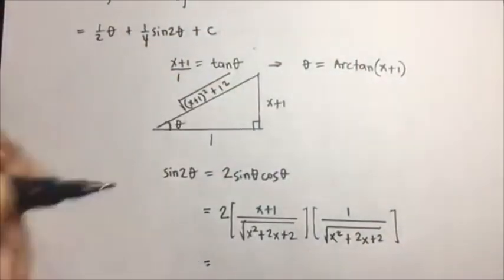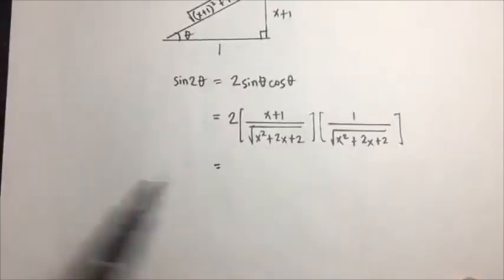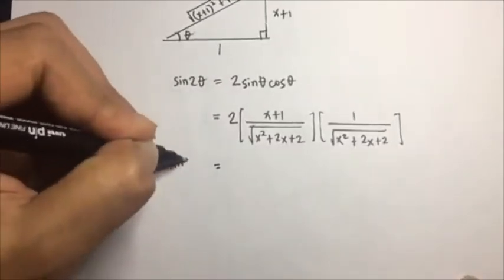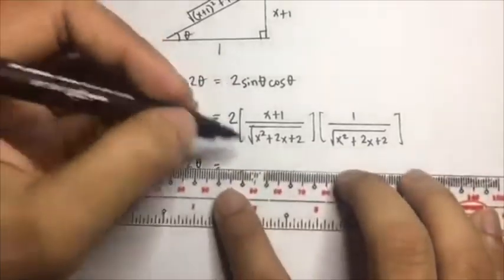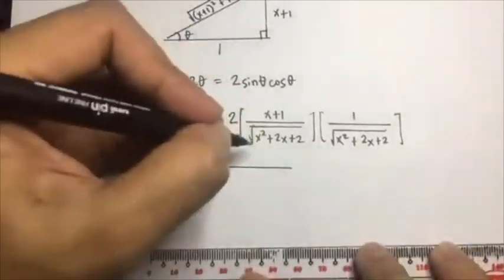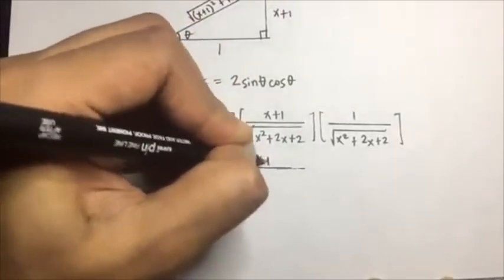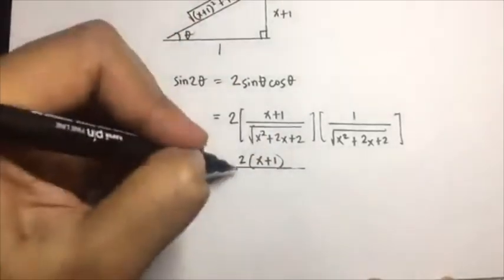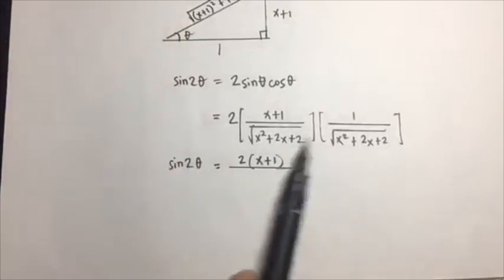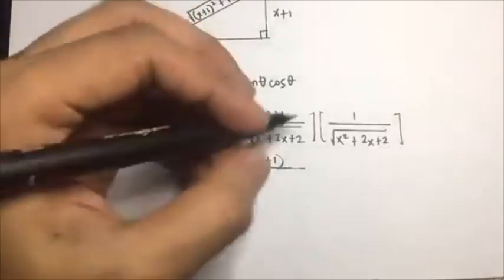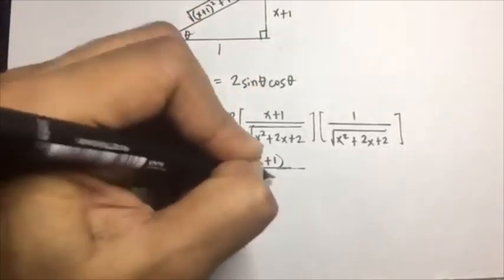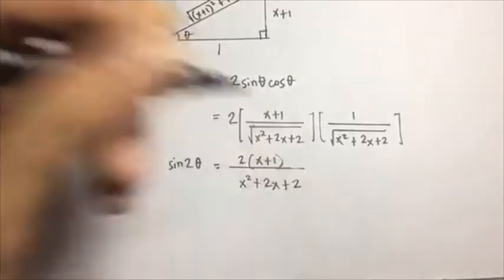Multiplying this, sine 2 theta is equal to 2 times x plus 1 over, removing the radical sign, x squared plus 2x plus 2.